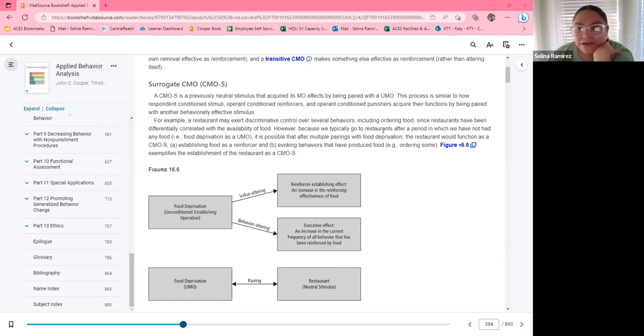However, because we typically go to restaurants after a period in which we have not had any food, so we're really hungry, so food deprivation as a UMO, it is possible that after multiple pairings with food deprivation, the restaurant would function as a CMO-S, establishing food as a reinforcer and evoking behaviors that have produced food, ordering some. Exemplifies the establishment of the restaurant as your CMO-S.